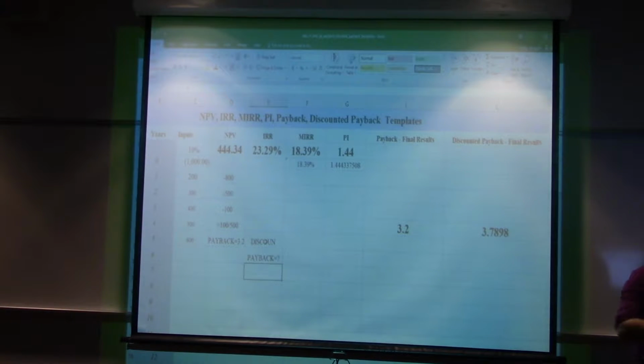You see, prior to the MIRR, you can use the MIRR function similar to IRR. We know the IRR, it's just IRR, and NPV should be included.